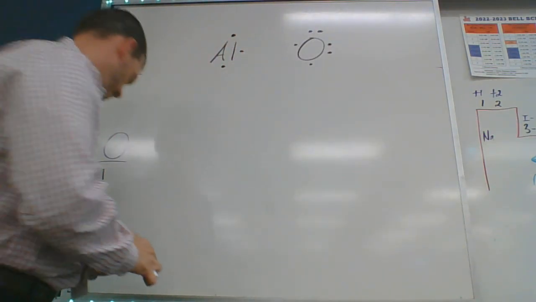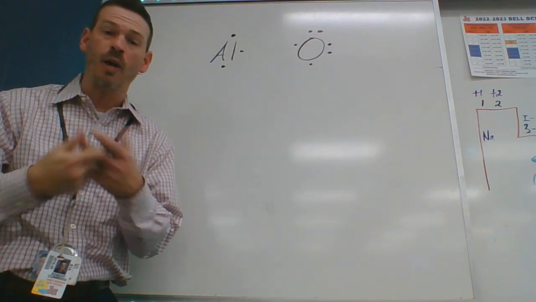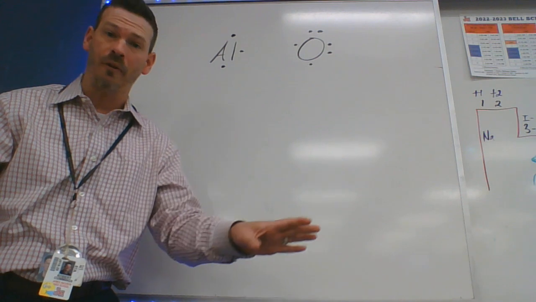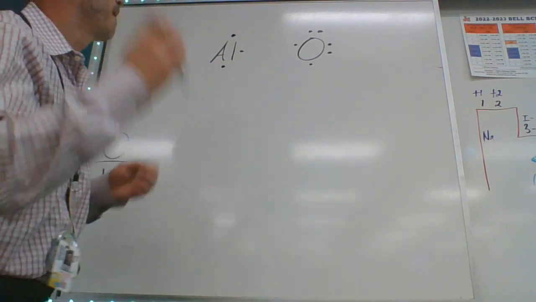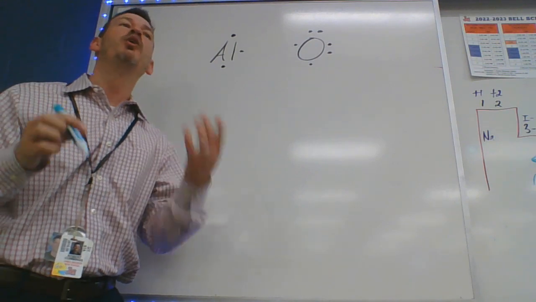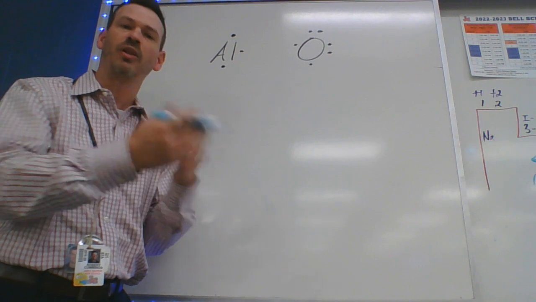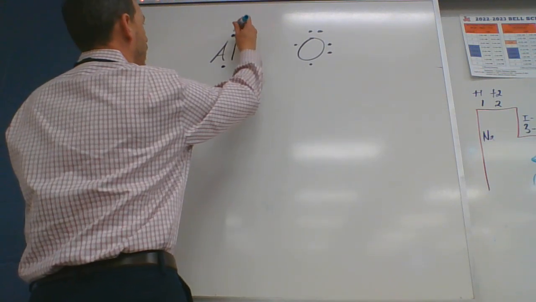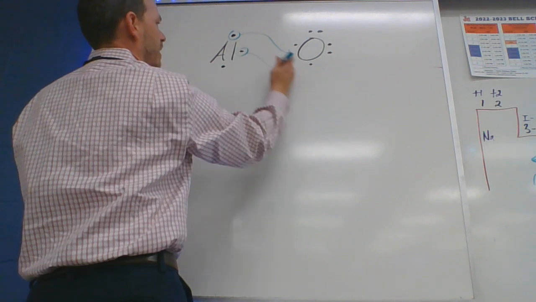Now remember, last time they just clicked right together, and one of them went empty while the other one went full of 8. Let's see if that happens again. Now we know aluminum wants to lose electrons and oxygen wants to gain electrons. We've already been tested on that. So let's start moving that around. Let's put this valence electron here and this valence electron there.